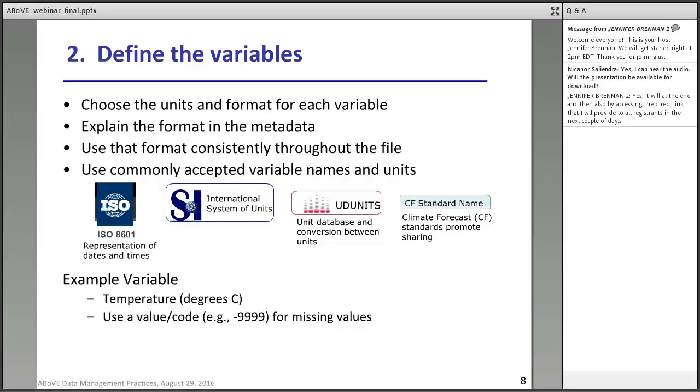And the Climate and Forecast, or CF, maintains a list of community-contributed standard names. The variables you measure may already be defined in the CF standard name list. One important thing I want to mention here is the missing value. Use a value or a code like -9999 to represent gaps of time series measurements or areas your data don't cover spatially.